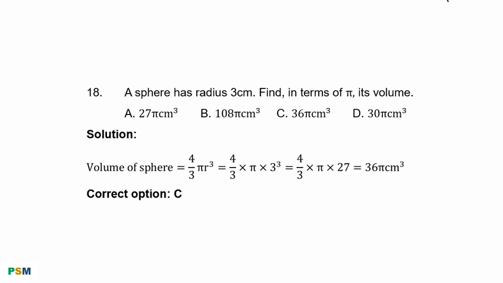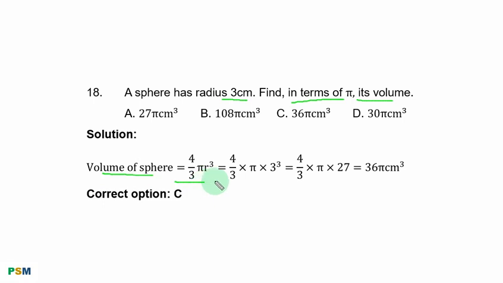Question 18. A sphere has radius 3 cm. Find, in terms of pi, its volume. Solution. Volume of a sphere is given by this formula. You replace the radius with 3, leaving pi, because your answer should be expressed in terms of pi.